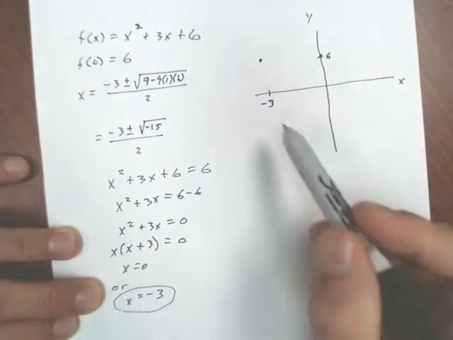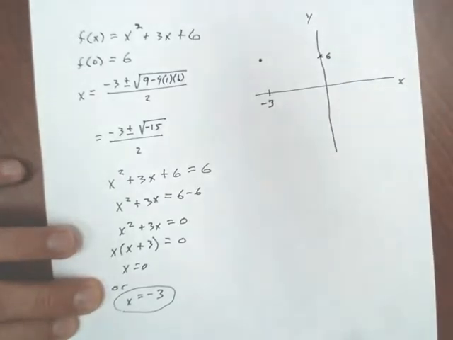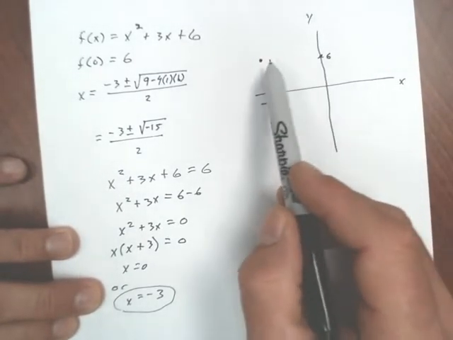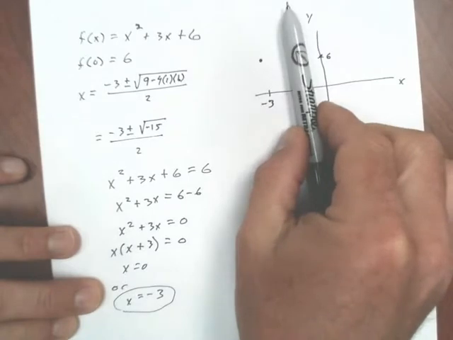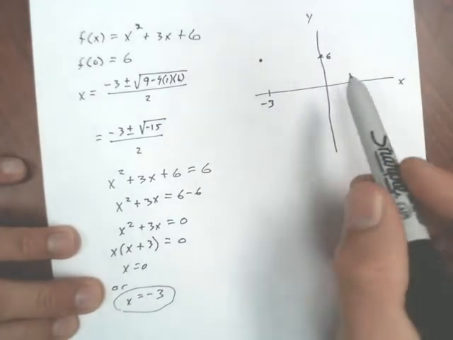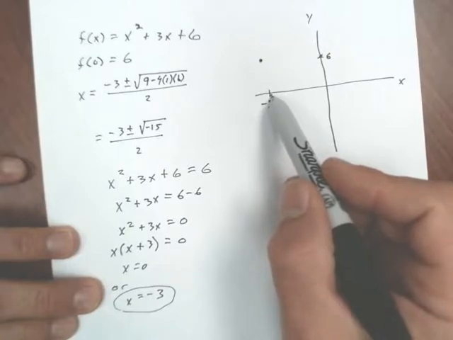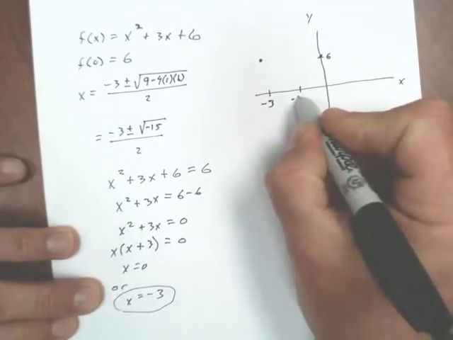So what we have here is a function that comes down like this and crosses through those 2 points. In other words, these 2 points are acting like our x-intercepts. Now, here's the key. We need to find the axis. Where's the axis? Well, we have x equals 0 and x equals -3. It must be right in the middle at -1.5.